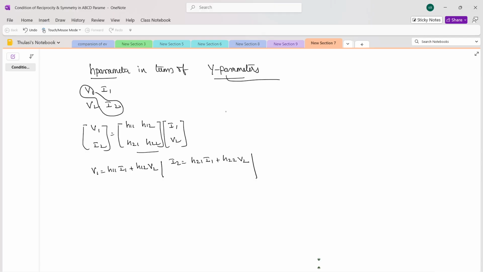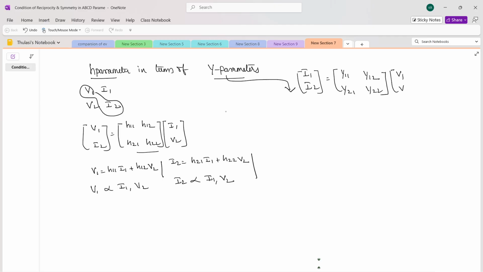So first we have to take the Y parameters and express them in terms of H parameters, in such a way that V1 in terms of I1 as well as V2, and I2 in terms of I1 as well as V2. So we have the Y parameters as I1, I2 is equal to Y11, Y12, Y21 as well as Y22 into V1, V2.